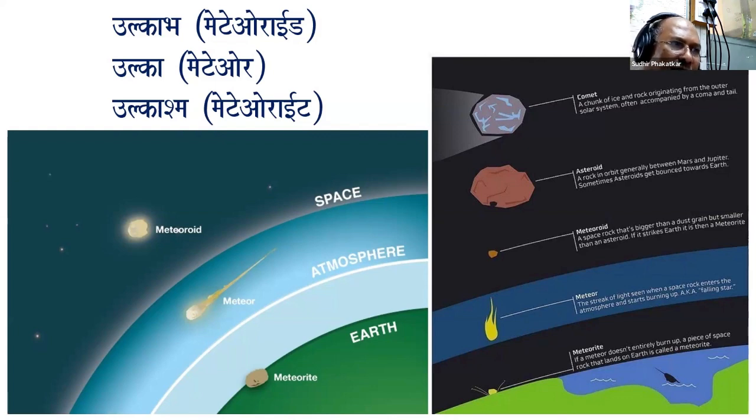This is the stone generated by ulka, the remnant part of ulka. Sometimes some pieces of comets also enter in the same way, and that also becomes a meteor and then a meteorite. In English it is very easy: meteoroid, meteor, and meteorite.